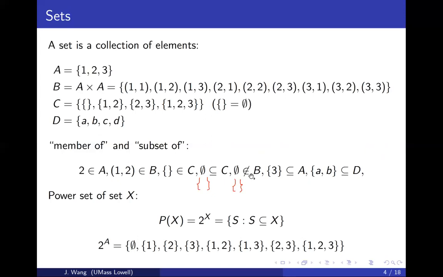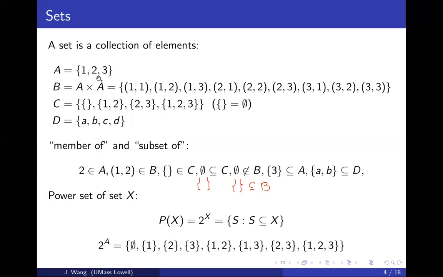But for this B, this empty set is not an element of B, although this empty set is a subset of B, because the empty set is a subset of any set.